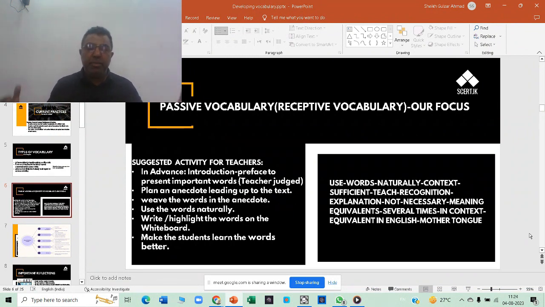Then there can be another 5-10 minutes where you give the English equivalents to the learners, synonyms that will lead them, because when you give some 3-4 synonyms of a word, definitely one word will be there that the learner may know, and that will lead him to understand your basic word that you are trying to convey. So this is the way passive vocabulary or receptive vocabulary can be introduced in a classroom.